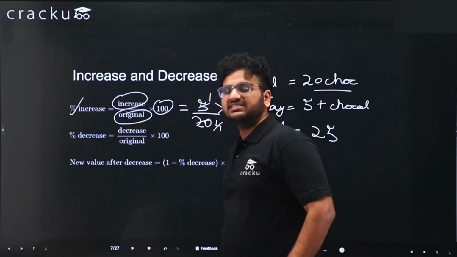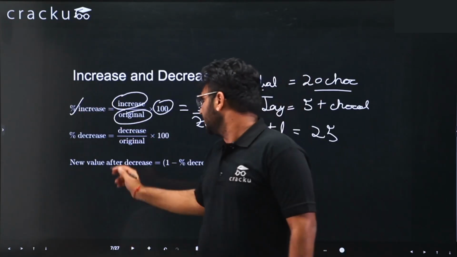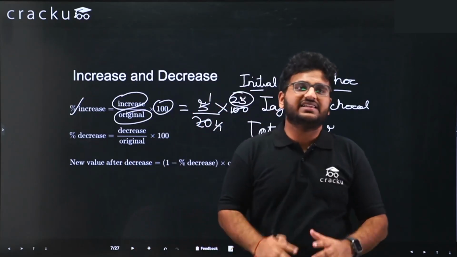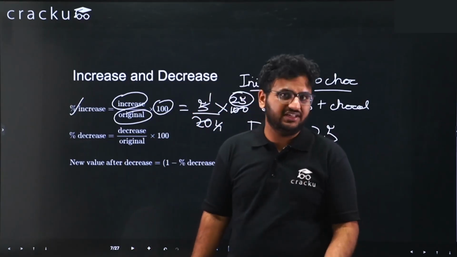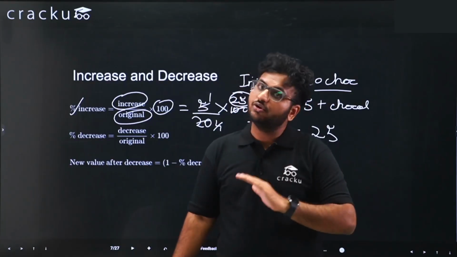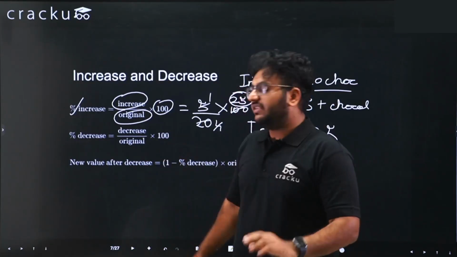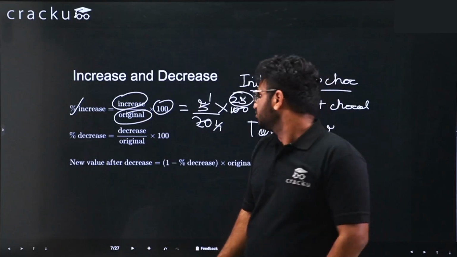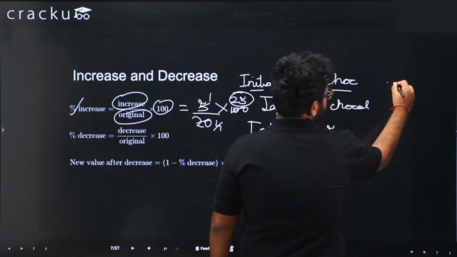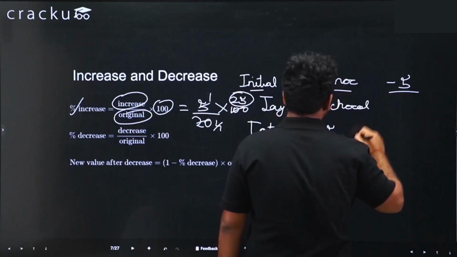Okay. Similarly, percentage decrease would be what? Decrease divided by original into 100. Let us take a similar example. Like I had 20 chocolates. Now Joy took 5 chocolates from me. So he took some chocolates from me, therefore my chocolates will decrease. So initial is 20 chocolates, he took, so minus 5 chocolates. Okay.